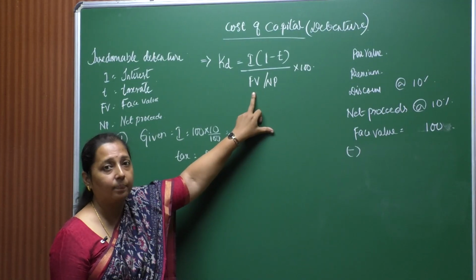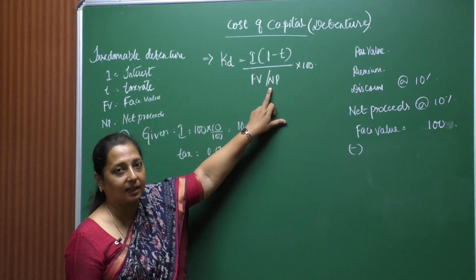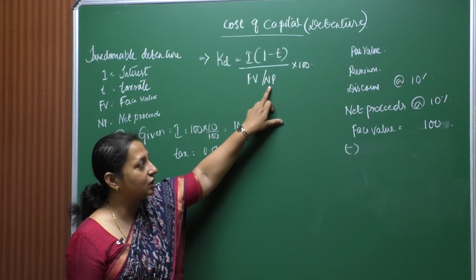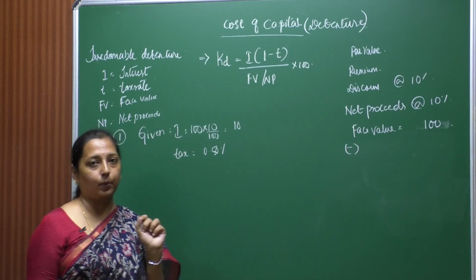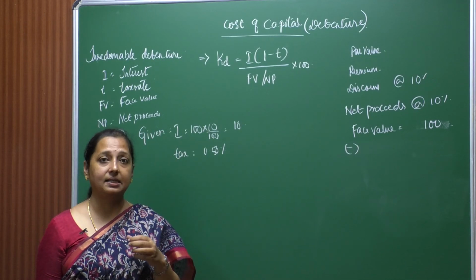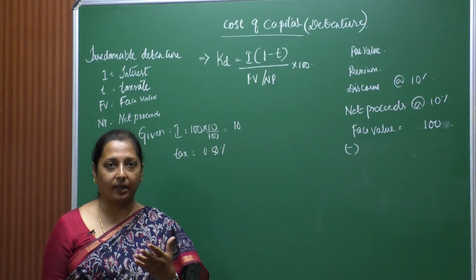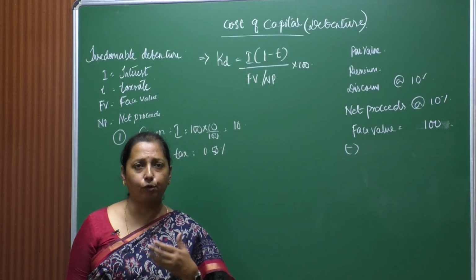FV stands for face value, and there is one more, or. You can use face value or NP. NP stands for net proceeds. What do you mean by net proceeds? Net proceeds means, while issuing a debenture, I incur certain expenses, for example cost of issue and flotation cost.